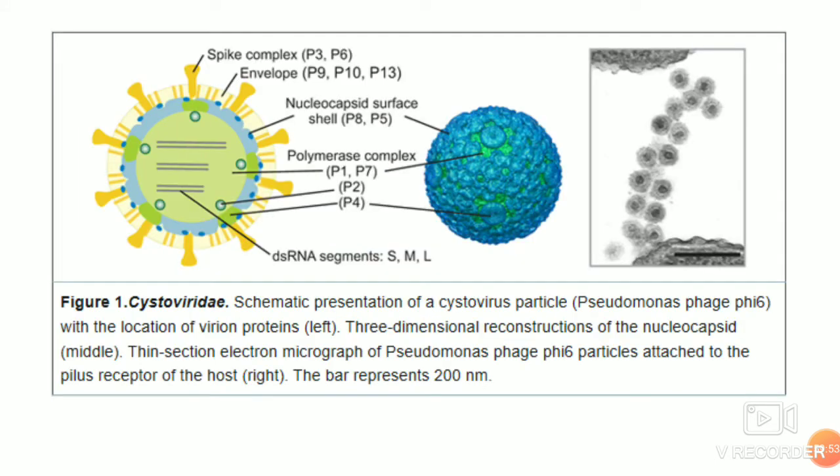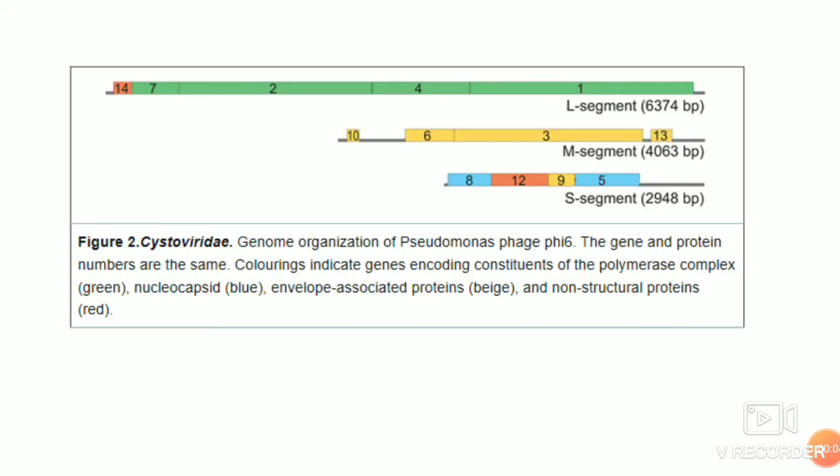If you see here, there are so many proteins, P1, P2, and then P3 to a maximum of P13. The envelope contains several integral membrane proteins, including the fusogenic protein P6 and major envelope protein P9.